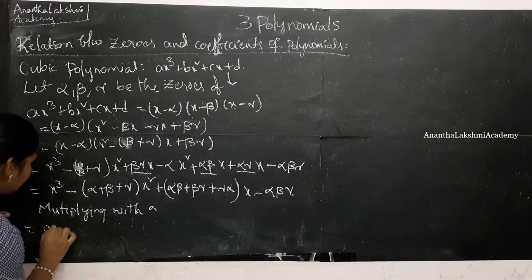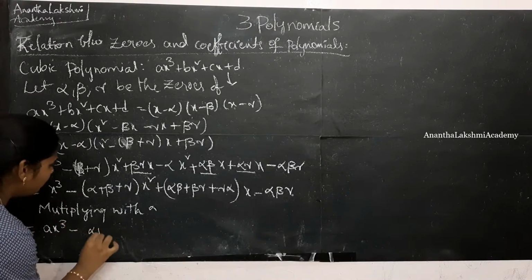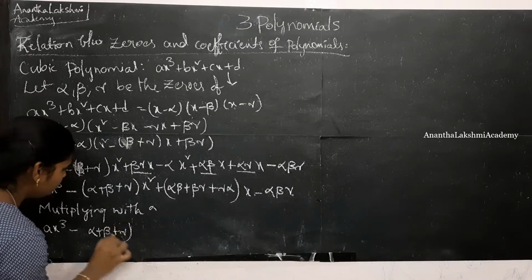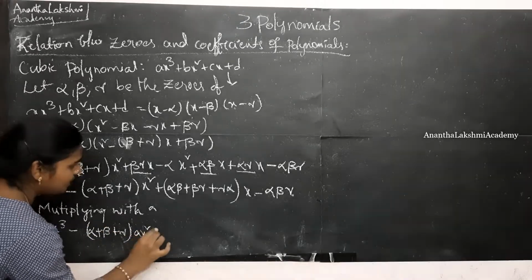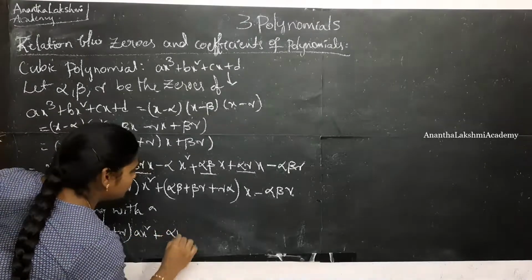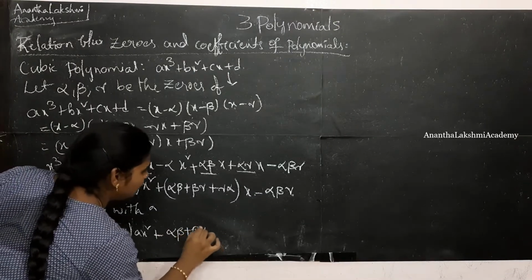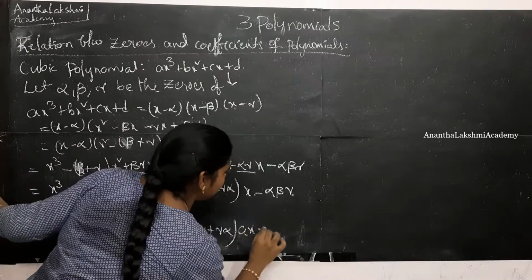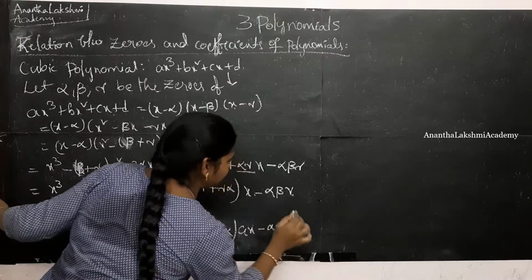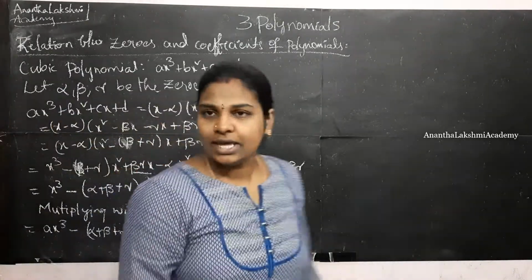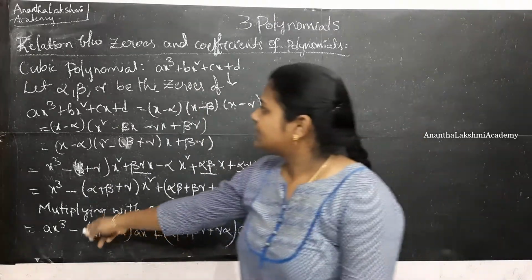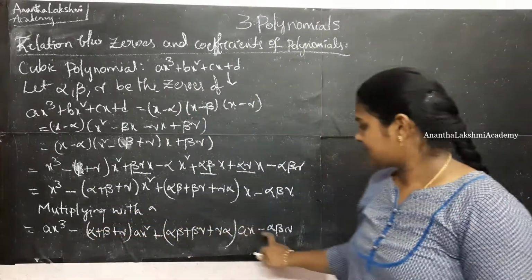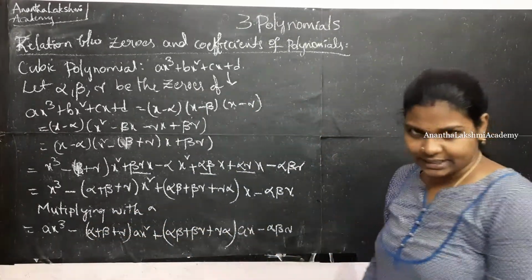That will be ax cube minus alpha plus beta plus gamma into ax square plus alpha beta plus beta gamma plus gamma alpha into ax minus alpha beta gamma, which is equal to ax cube plus bx square plus cx plus d by equating the coefficients.